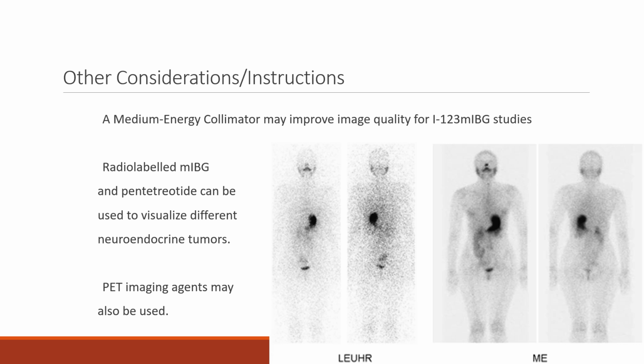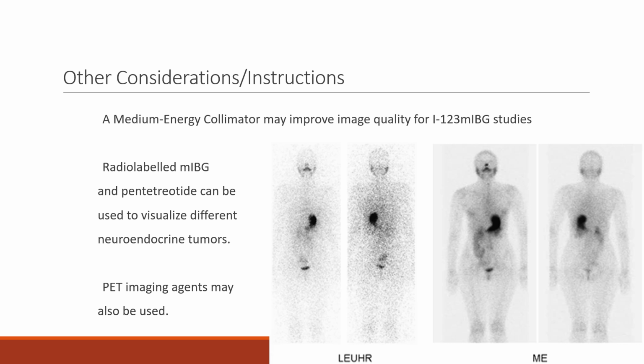I'm not crazy about that comparison because you're comparing high resolution or ultra high resolution to an all purpose anyway. So you know that you're already going to have a lower count rate with the low energy, ultra high resolution collimator than you will with an all purpose one. And I personally think that that's where a lot of that difference in these images comes from. But it is something that is done.